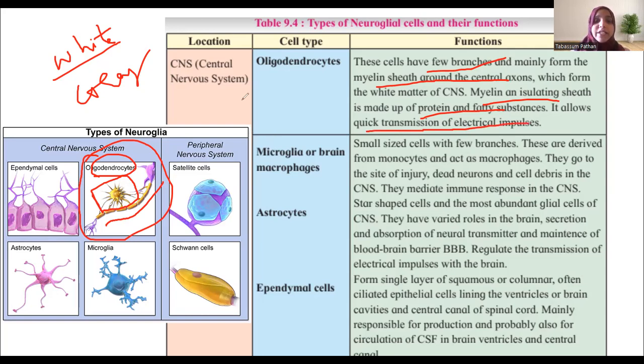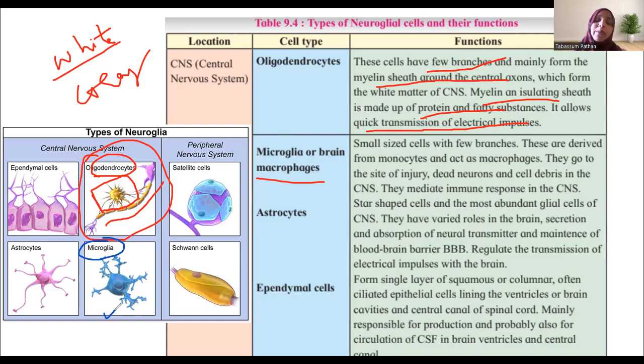Next, moving on to microglia, or the brain macrophages. We are all aware of the function of the macrophage. They are mostly phagocytic in nature. What do we mean by phagocytic? They will search for any foreign cell, any cell which might be capable of causing disease or infection.